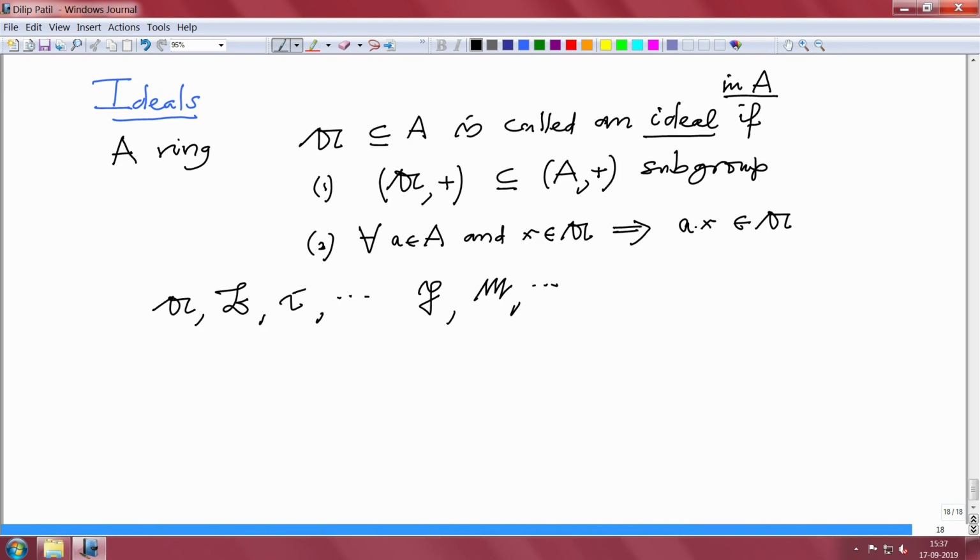Okay, and from the given ideals I will construct more ideals. Now first, how to give examples of ideals. So, some examples we should see. Always every concept should be followed by some examples.